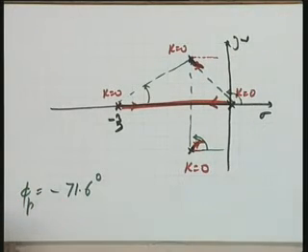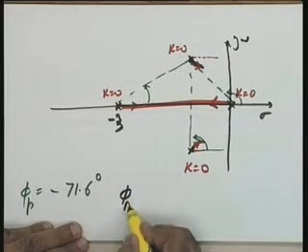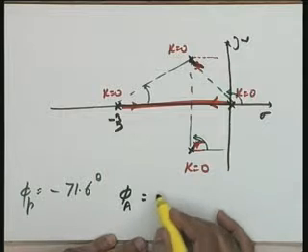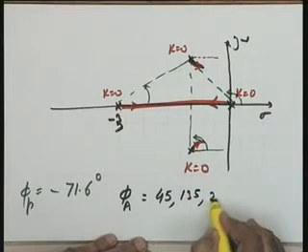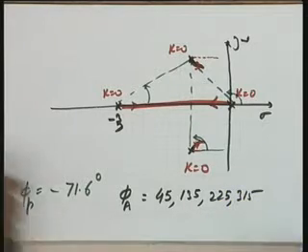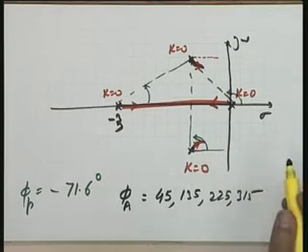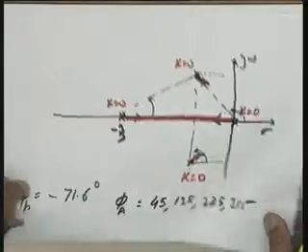The angle of asymptotes formula you apply and give me, some of you might have calculated. Please give me the angle phi a. Yes, anyone who has calculated? Otherwise, I read from my notes: 45, 135, 225 and 315. These are the 4 angles you are going to get. I will give you the formula if you want.